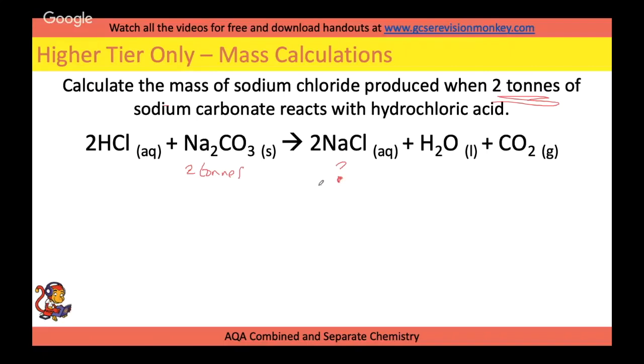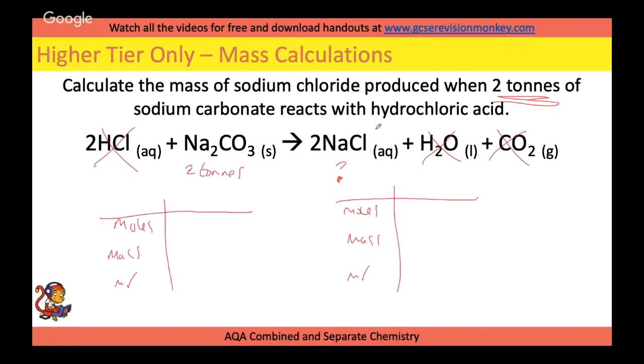What we need to find out could well be on this side of the equation as well, it doesn't matter. But everything else, just put a cross through because you don't need to worry about that. I recommend doing moles, mass, Mr in a grid for each thing.